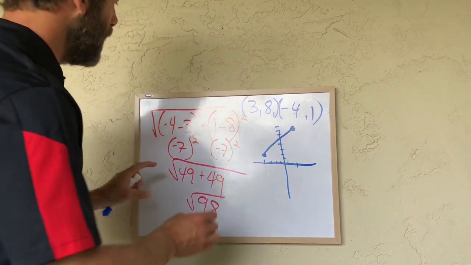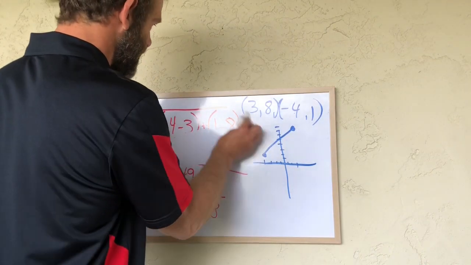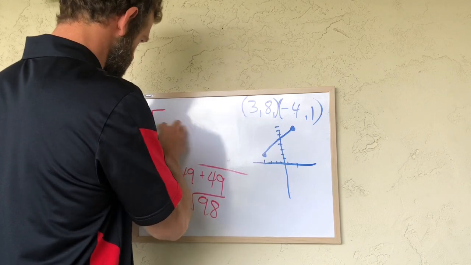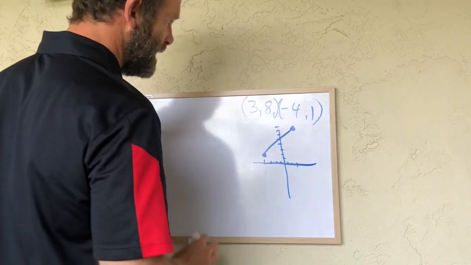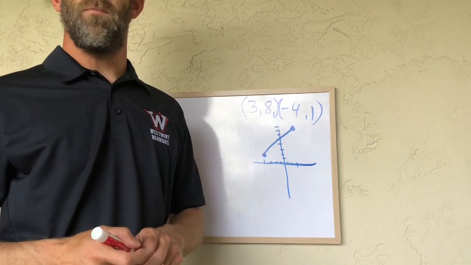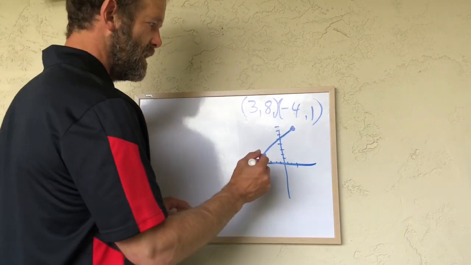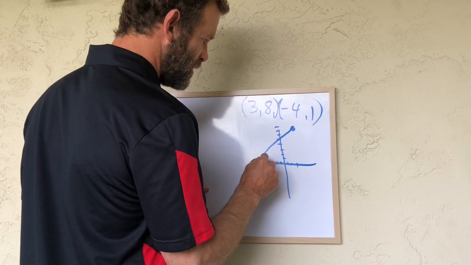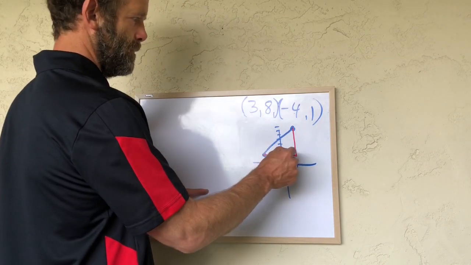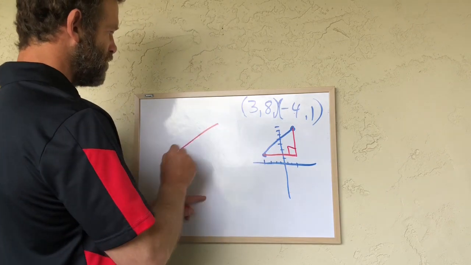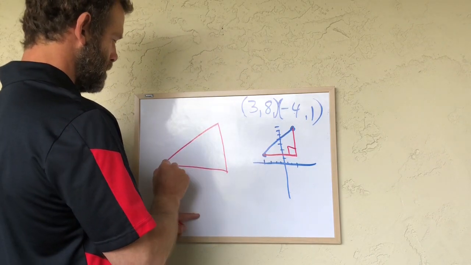The easier way, I think, to do a question like this is, if you remember last year with Pythagorean theorem, watch this. If I make a right triangle from here to here, I'm going to redraw this right triangle.